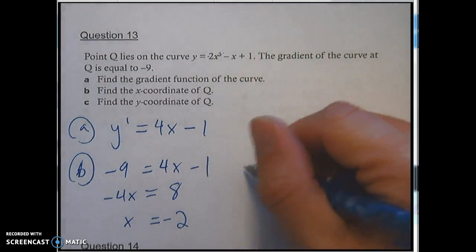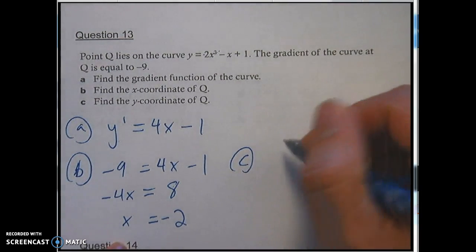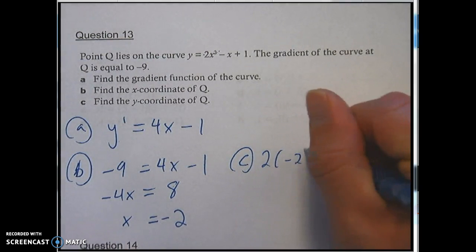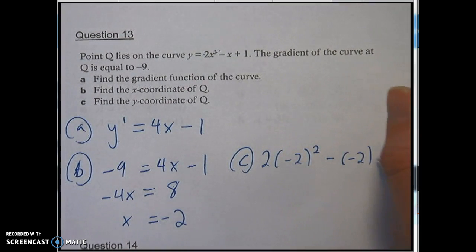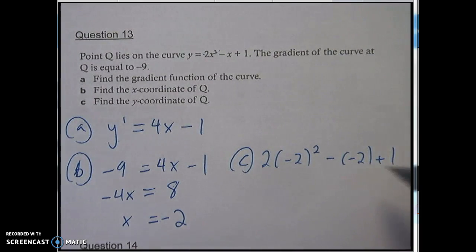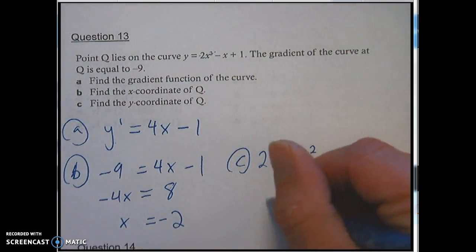And to find the y coordinate there, I'm just going to plug that -2 into the original function. So 2 times -2 squared minus -2 plus 1. That's 4 times 2 is 8, 10, 11.